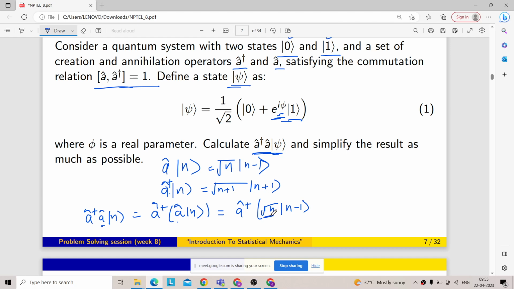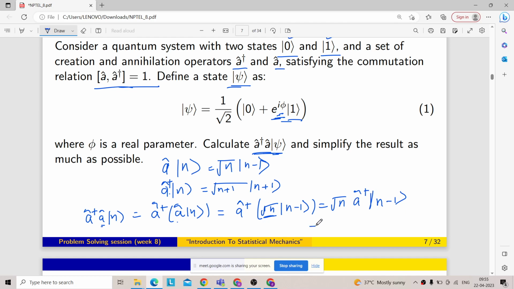Now it's an eigenvalue, so the operator can't impact this eigenvalue, so it will go outside. Okay, then a dagger will act on n minus 1, right?